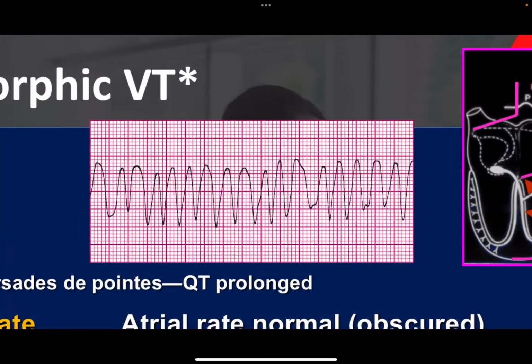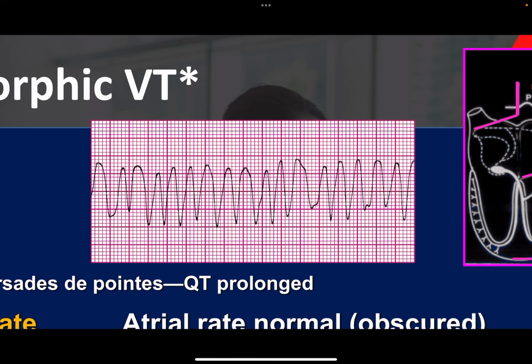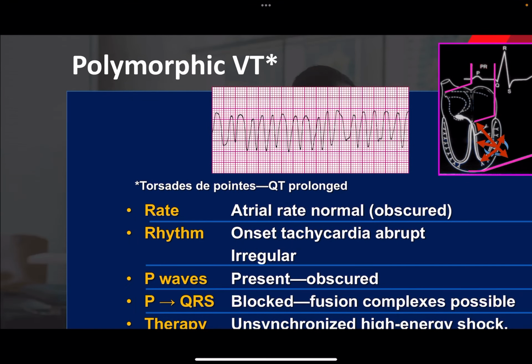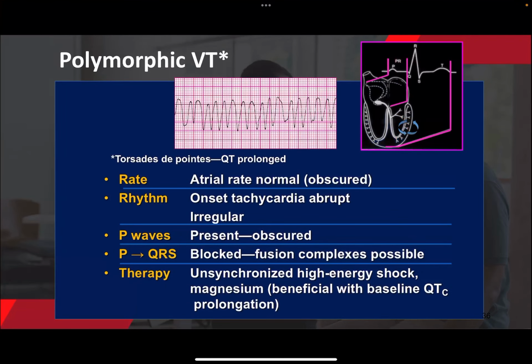Polymorphic looks like that. It's quite chaotic, with no pattern. This is also a serious ECG. The treatment for this is an unsynchronized high energy shock, meaning you need to defibrillate the patient, not cardiovert.